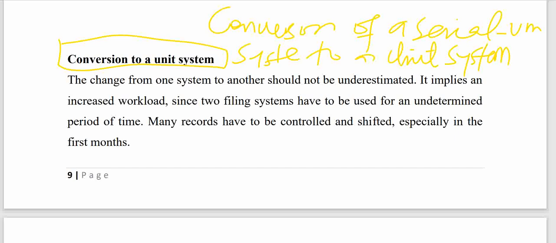Okay, so that is when we are converting. The word conversion is coming from convert. We are converting the systems of having a combination of both serial and unit, into a single system where we are going to be remaining with only the unit system. Okay, I believe you understood that, because if you do not understand that, then it's going to be quite confusing for you.